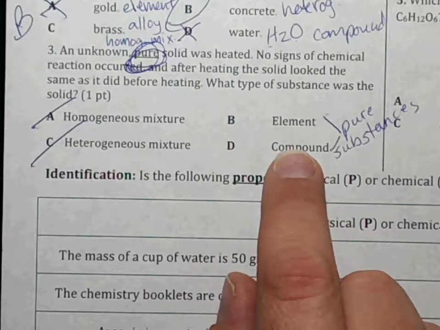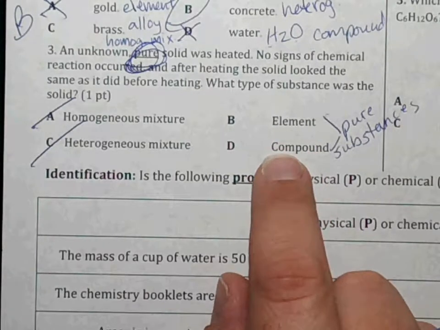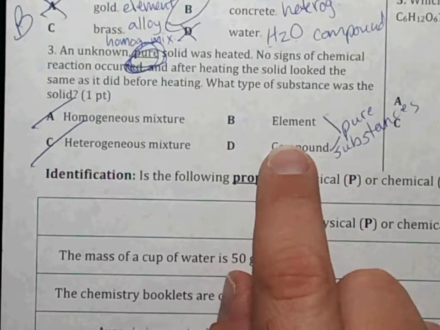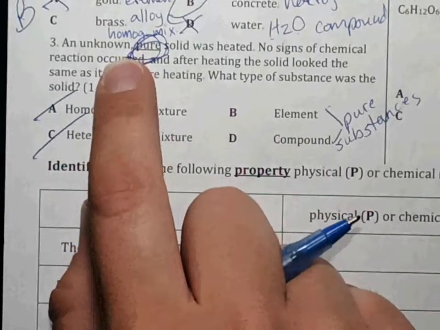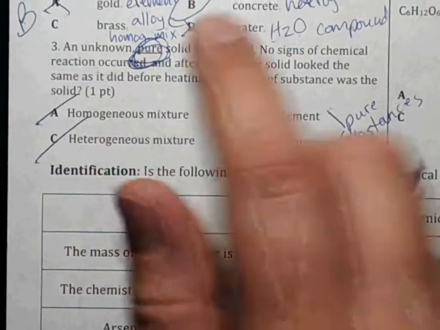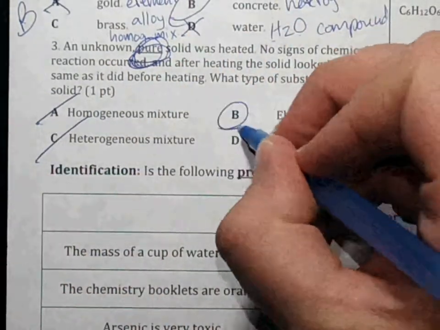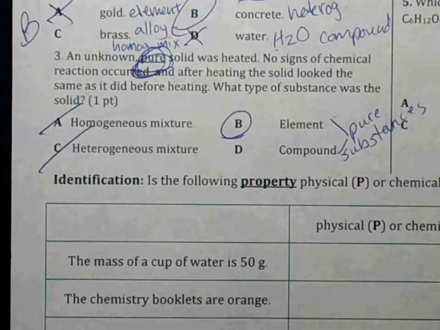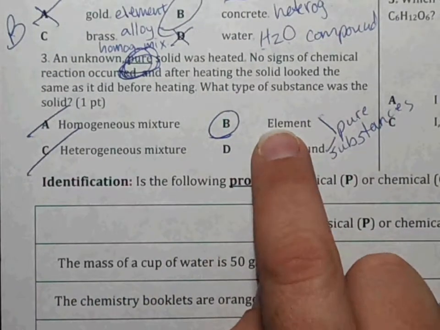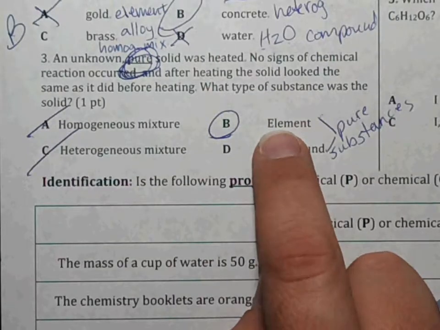But there are other compounds that you could heat and that they would react. So we don't know for sure whether or not it's a compound. But if it heats and does nothing, it definitely could be an element, because just heating up a pure element is not enough to make it react. It would have to interact with something else. So the safest answer here is element.